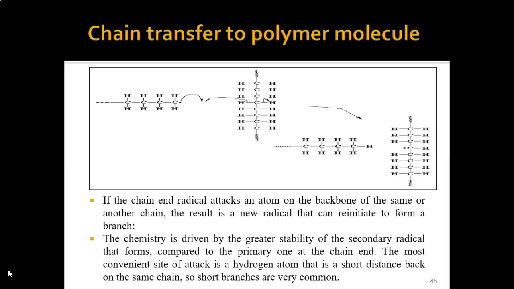It will produce short chain branching. The chemistry is driven by the greater stability of the secondary radical that forms compared to the primary one at the chain end. The most convenient site of attack is a hydrogen atom that is a short distance back on the same chain. So short branches are very common. Chain transfer to polymer is the backbiting process of polyethylene.